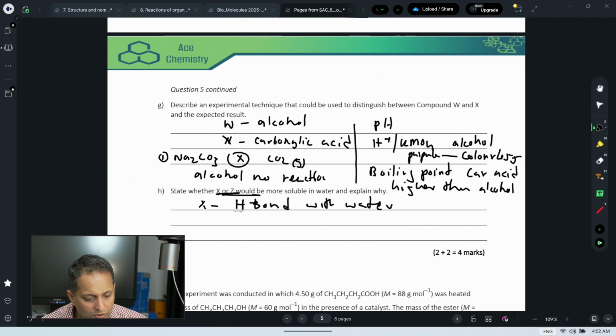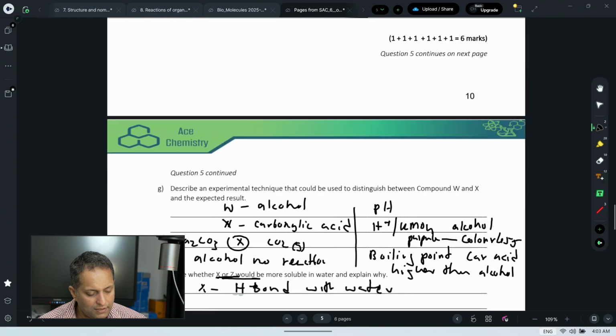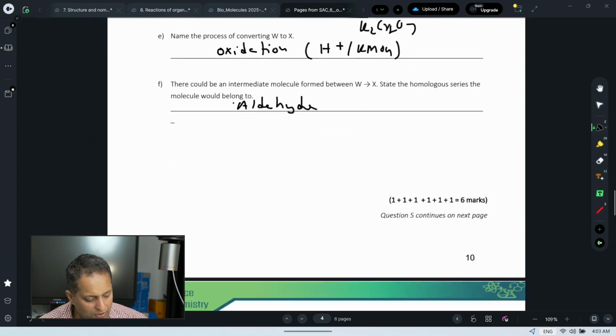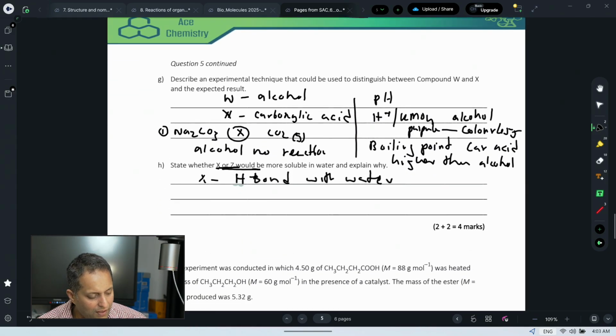X should be more soluble in water, because of stronger hydrogen bonds. What is X? It's not alcohol. I made a mistake. Silly me. X is a carboxylic acid. Sorry about that.